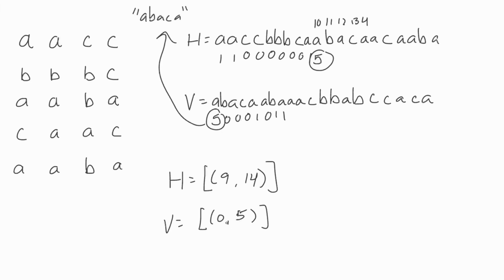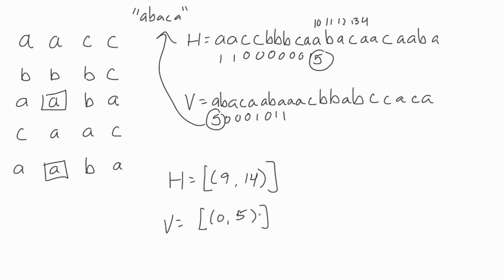Well, these numbers aren't super meaningful in terms of matching. The 9th index we'd run into in our horizontal string would be 0, 1, 2, 3, 4, 5, 6, 7, 8, 9, right here. However, the 9th in the vertical order is different: 1, 2, 3, 4, 5, 6, 7, 8, 9. Sorry, actually it'd be this one because we're using 0 index, right? So you see we actually get different cells if we're just counting by 9, so we can't use exactly these values.